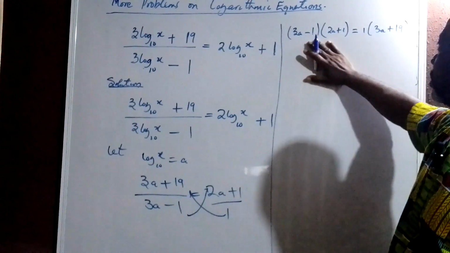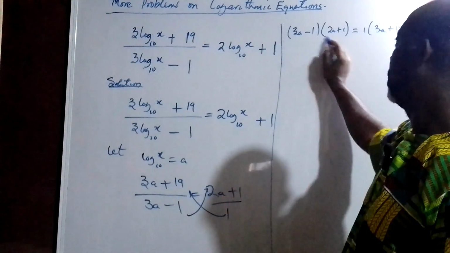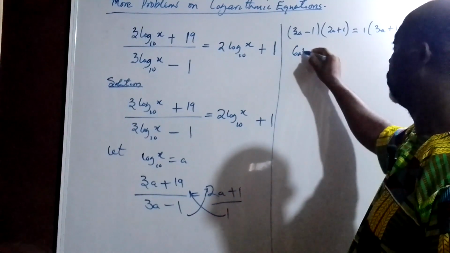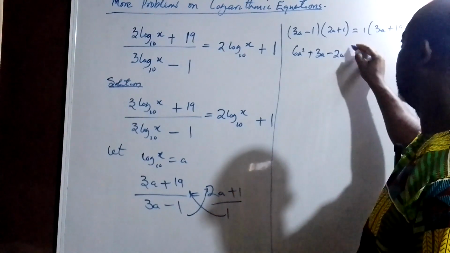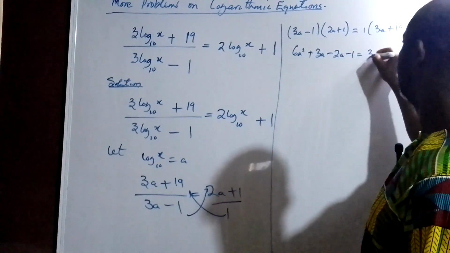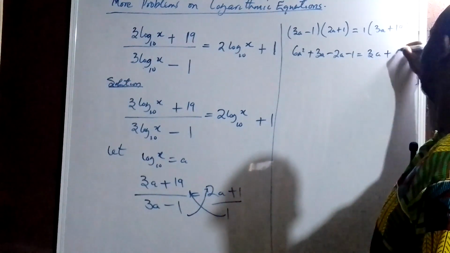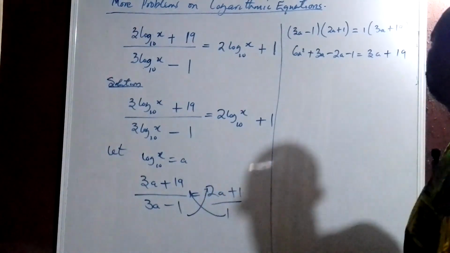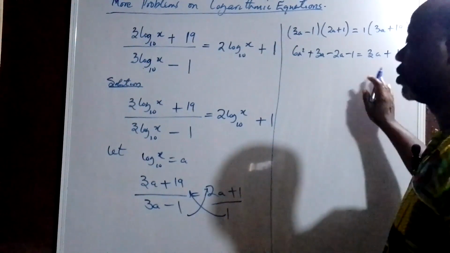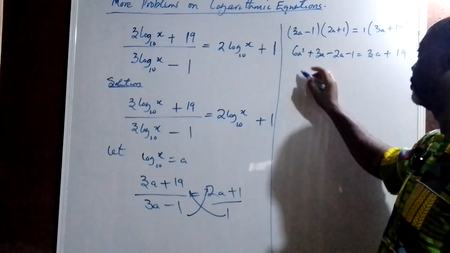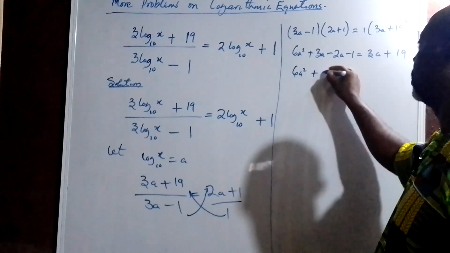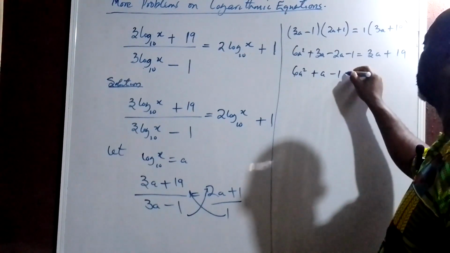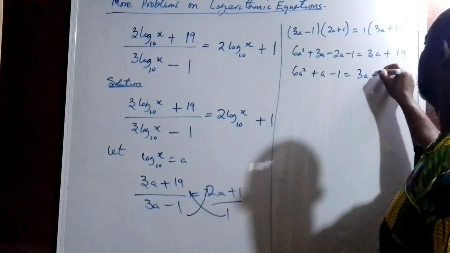So let's expand the bracket on the left, and this will give us 6a squared plus 3a minus 2a minus 1 equal to 3a plus 19. Okay, so this is leading us to quadratic. So we have 6a squared plus a minus 1 equal to 3a plus 19.